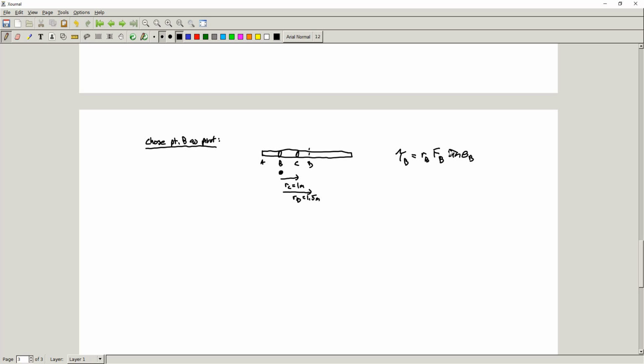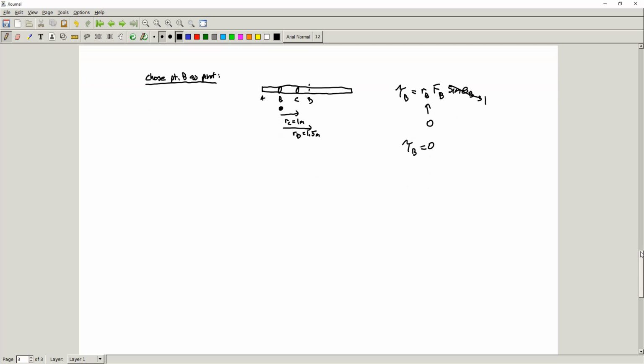Well, we've already said that these sines are all going to go to 1 because these are all at 90 degrees. But RB here would be the distance from B to B, which is really just 0. And so we have no torque being supplied at point B because we've taken that as our pivot, right? So we've, in a sense, eliminated this one point from the torque calculation, which is going to make everything much easier, as we're going to see in a second.